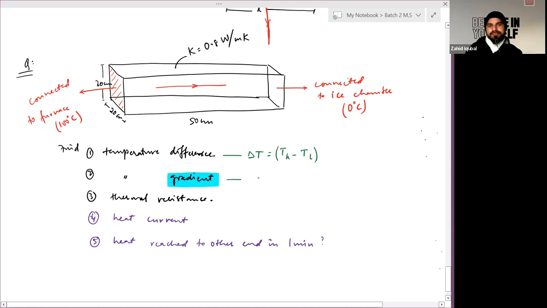Temperature gradient is temperature divided by its length. Thermal resistance is length divided by thermal conductivity into area of cross section. Try to find these three terms first.